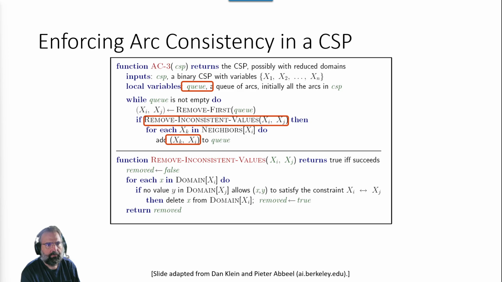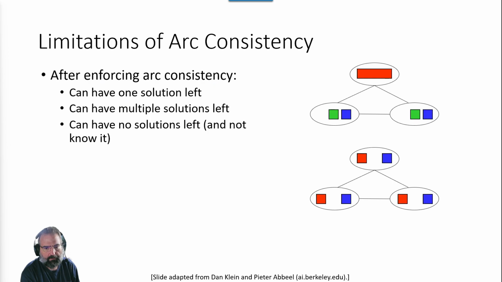We also have the idea of arc consistency, a way of making sure that the graph is kept consistent or in a valid state as we're going through it. The idea here is that you can have one solution left or maybe multiple solutions left after you've removed the various arcs.